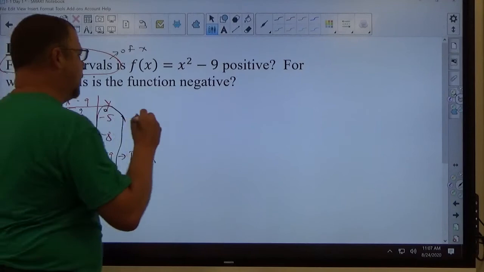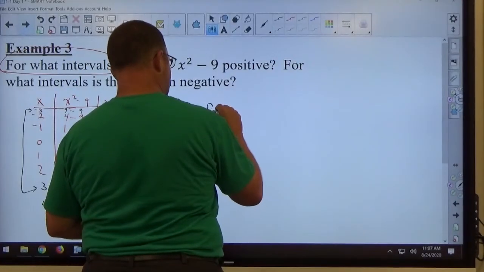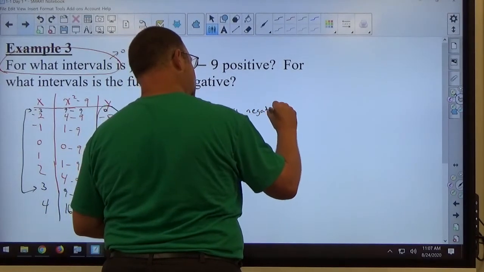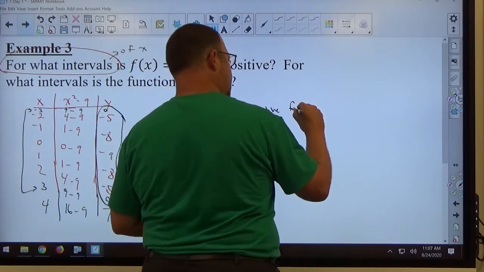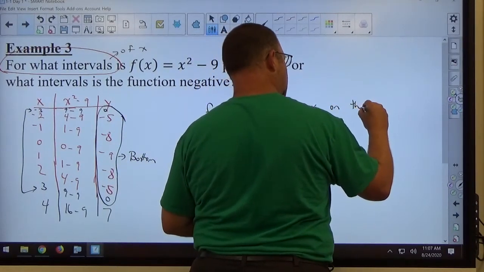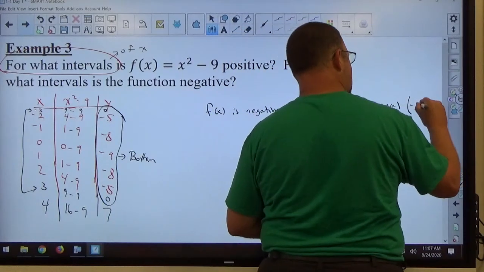So here's what my intervals look like. F of x is negative for x on the interval (-3, 3).